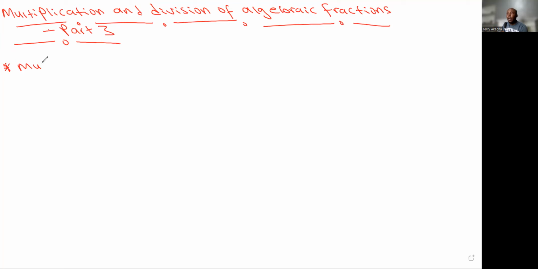How do you multiply algebraic fractions? There are three rules, or three steps, on how to do that. The first thing is to multiply all the numerators together to give a resultant numerator.